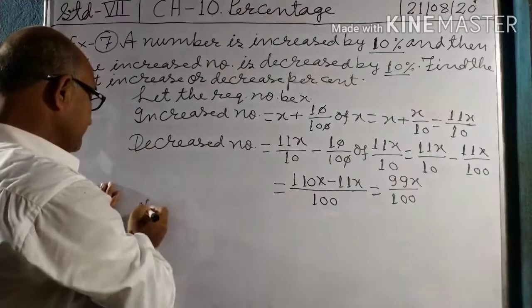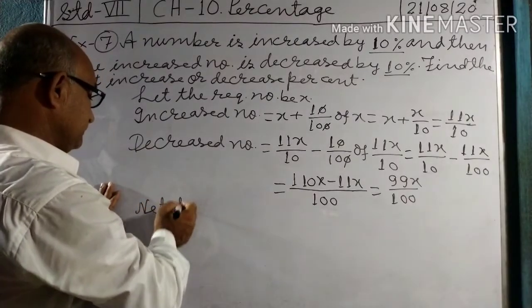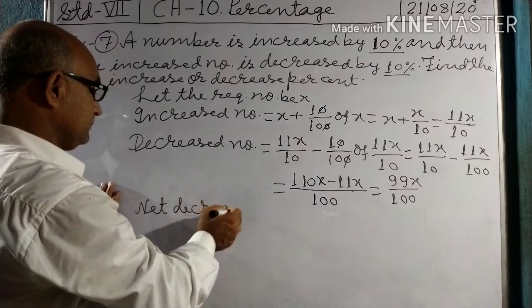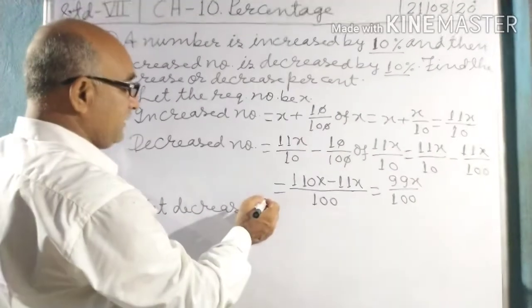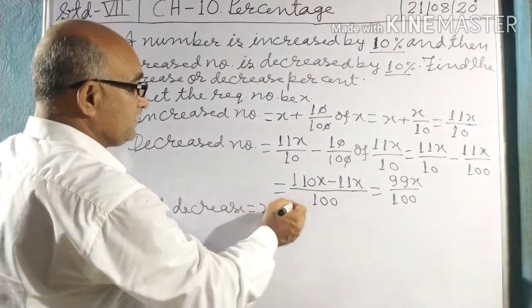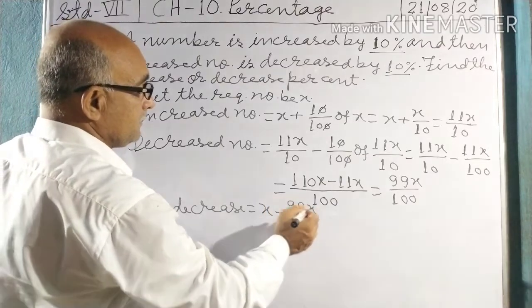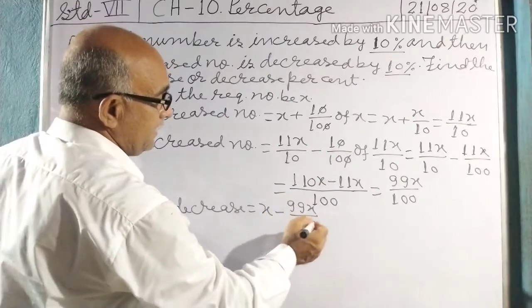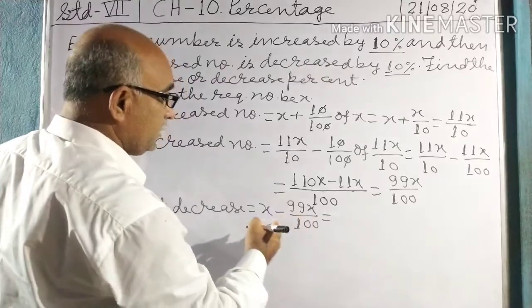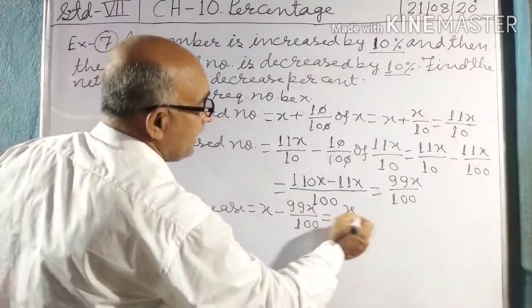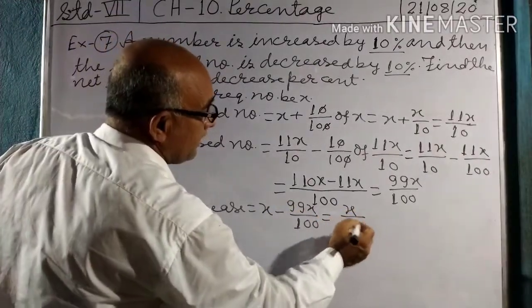So net decrease: x minus 99x by 100 equal to x by 100.